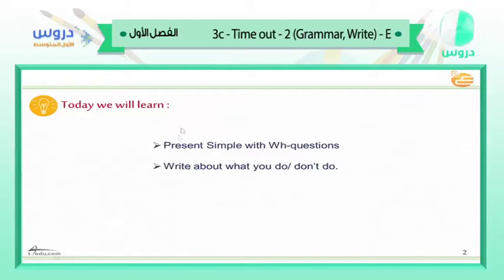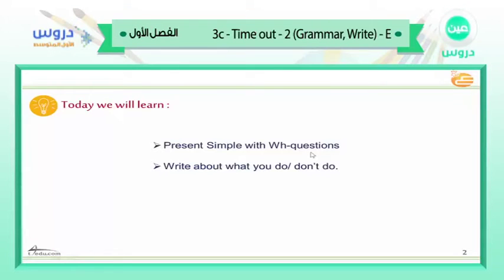Today we will learn present simple with WH questions. So we will talk about the present simple tense, exactly with WH questions. By WH questions we mean the questions that start with where, when, who, how, and these questions.